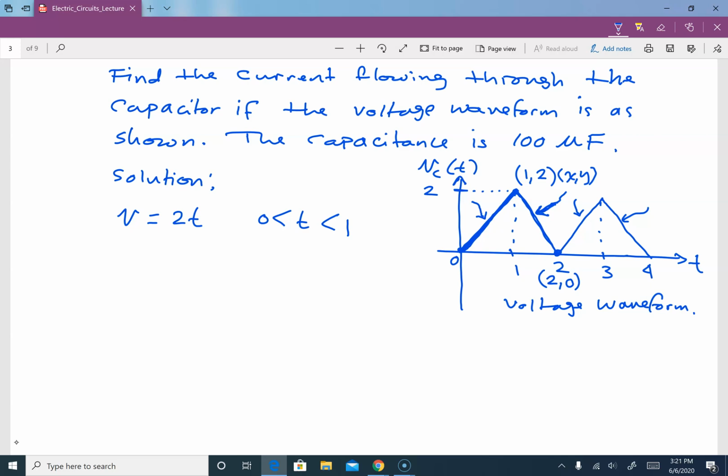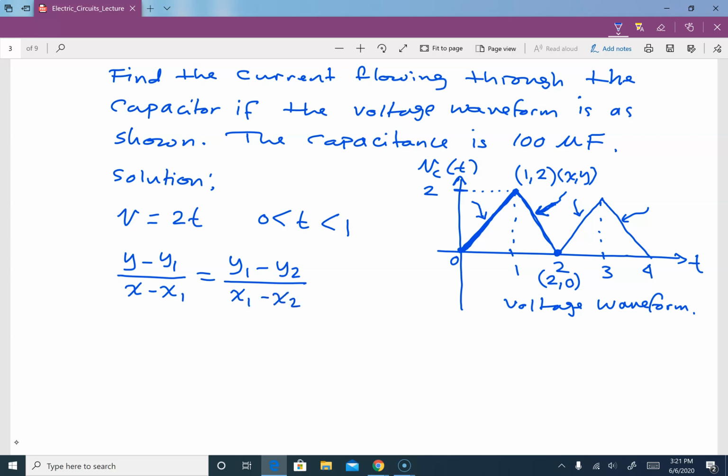Okay, so now we can write the following: y minus y1 over x minus x1 is equal to y1 minus y2 over x1 minus x2.